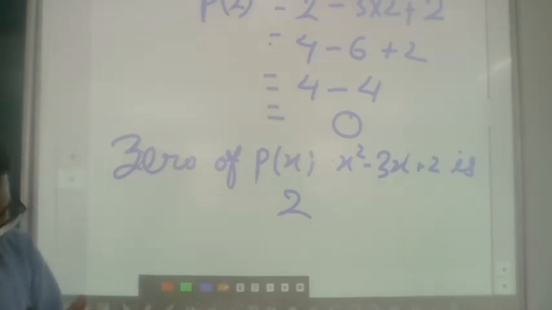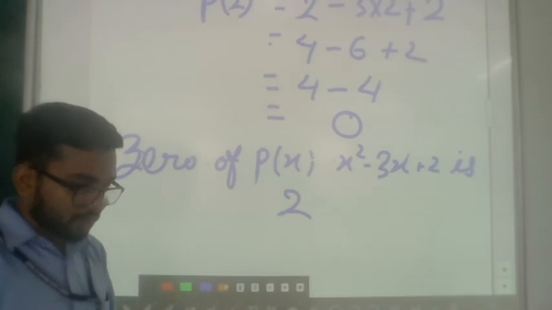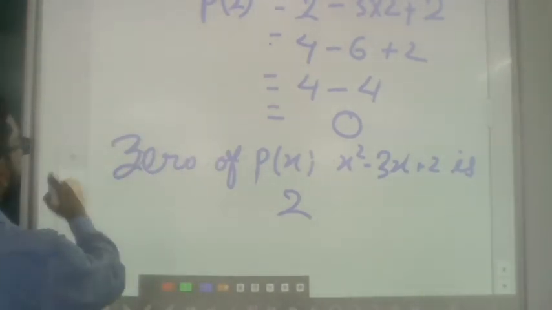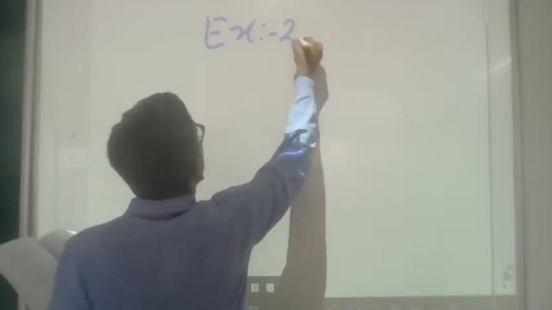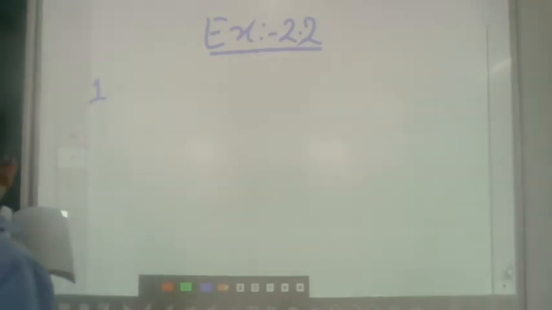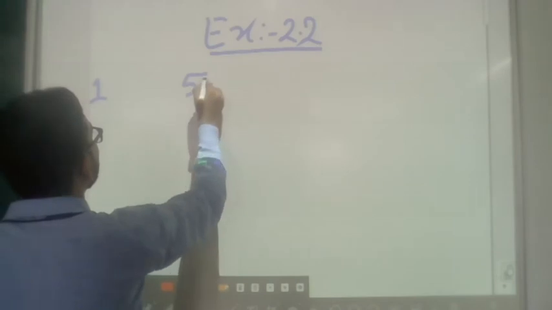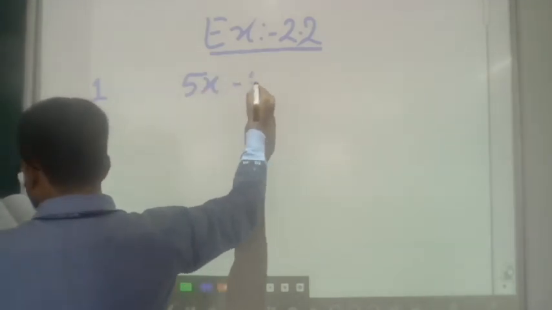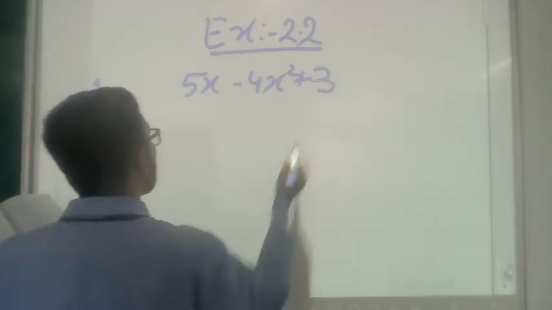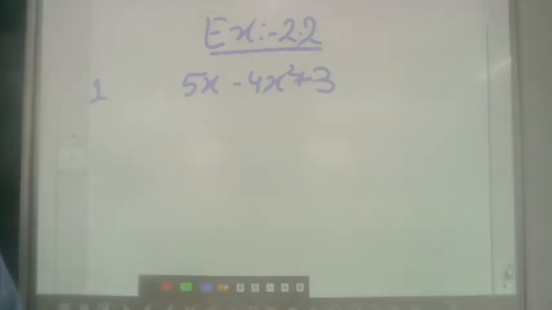Okay. Suppose we need to find the value of the polynomial, exercise 2.2 question number 1. You need to find the value of the polynomial 5x minus 4x square plus 3.